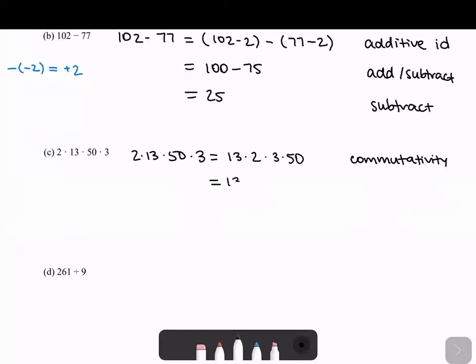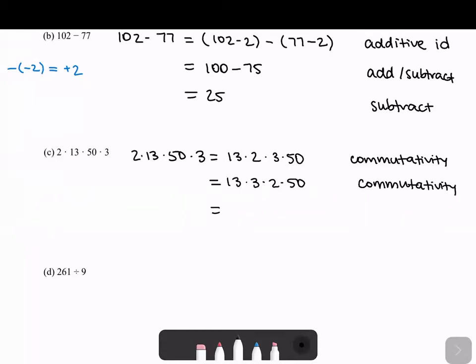And then next, I'm going to switch the 2 and the 3. You can see that just by switching two numbers right next to each other, you can multiply these in any order that you want, and you have complete freedom in rearranging these factors any way that you want. Again, this one is commutativity.